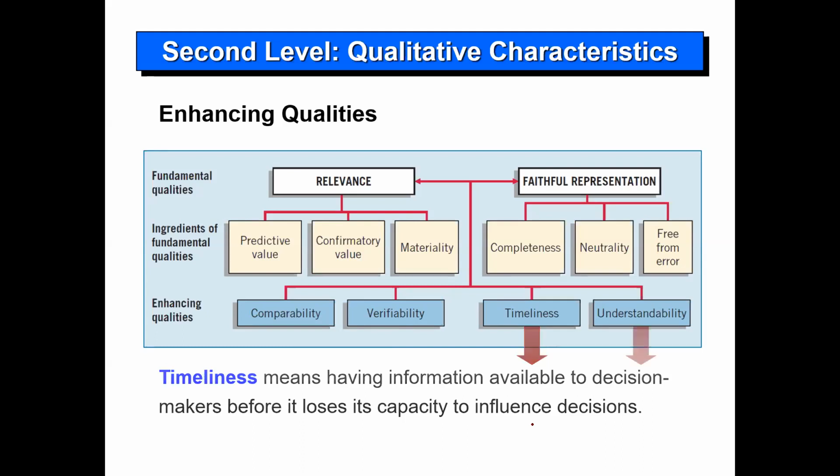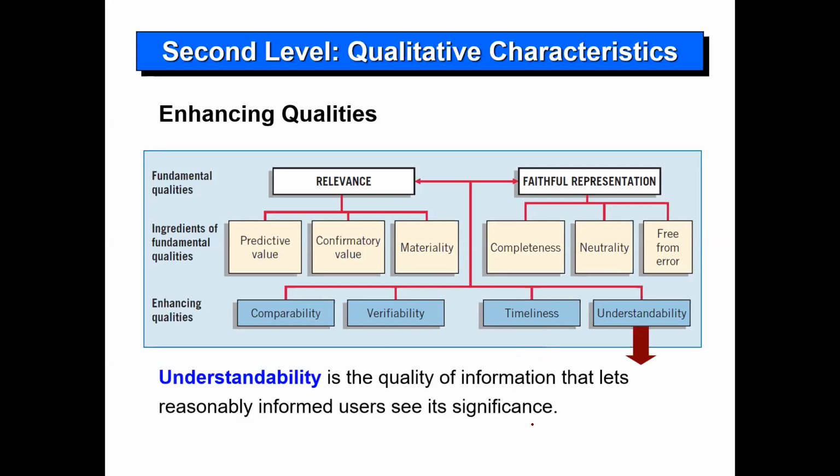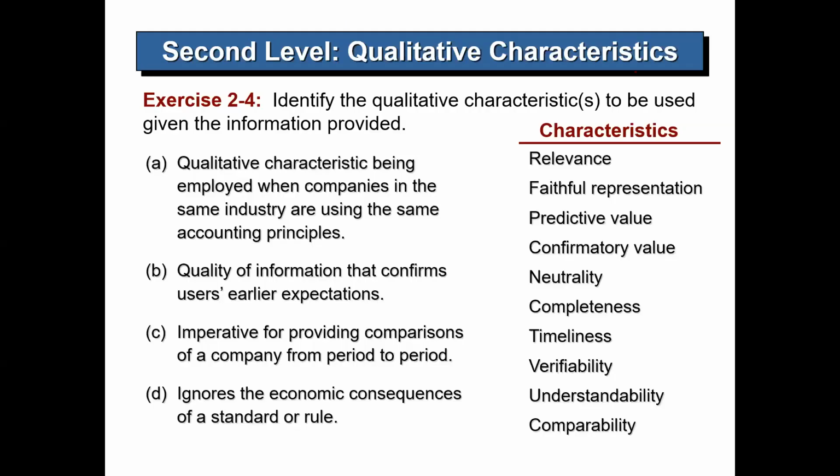Understandability is the quality of information that lets a reasonably informed user see its significance. We provide the information in an understandable way so that users can easily understand. So those are the enhancing qualities. Now let's identify the qualitative characteristics to be used given the information provided.